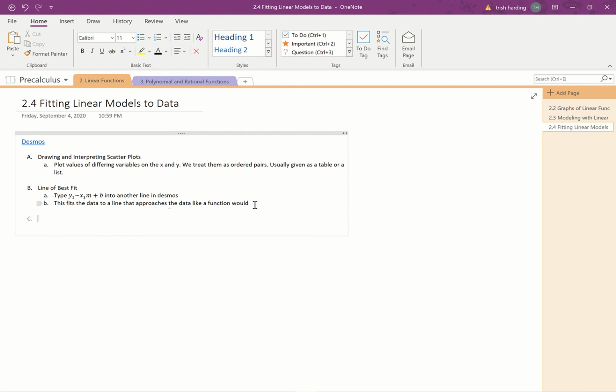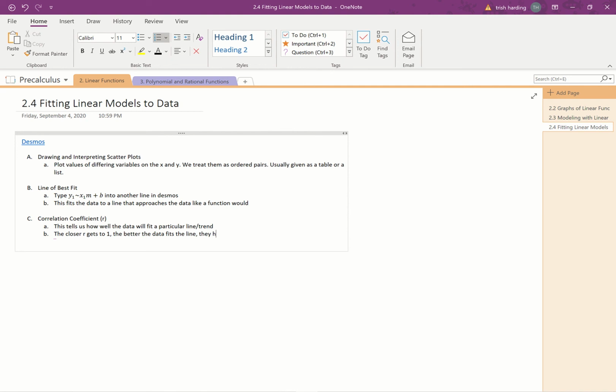So one thing I want to talk about is the correlation coefficient, which is little r. This tells us how well the data will fit a particular line or trend. It also works for parabolas. Now, the closer r gets to 1, the better the data fits the line.